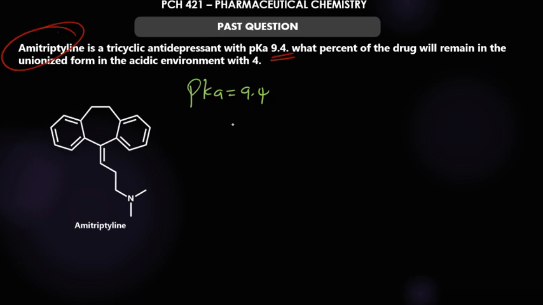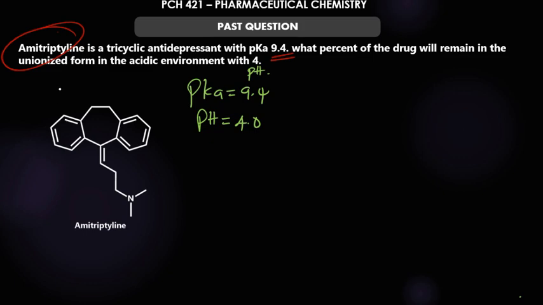What percentage of the drug will remain in the unionized form in an acidic environment with pH of 4.0? Let me see if I actually made a mistake. Okay, it's actually correct, they made a mistake. So our pH is 4.0. Now, how do we solve this? Very easy.